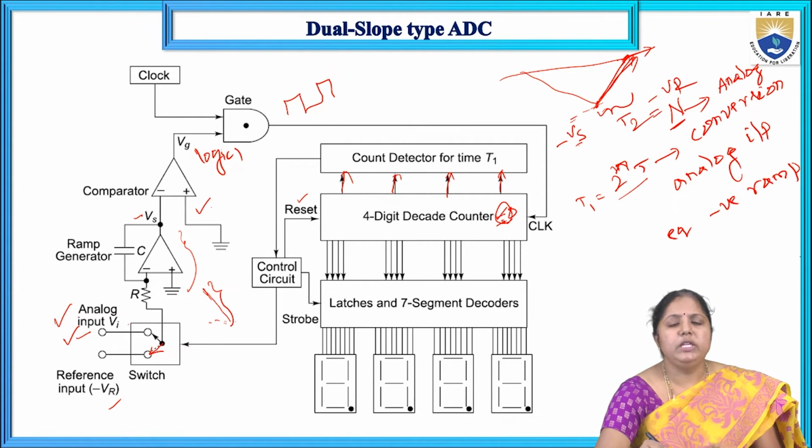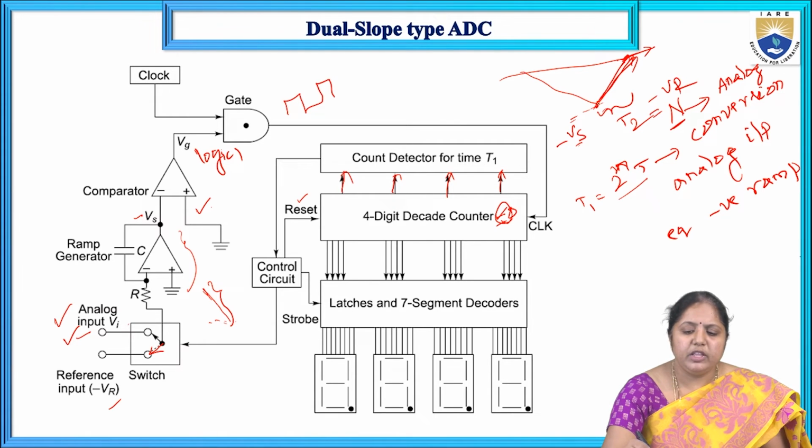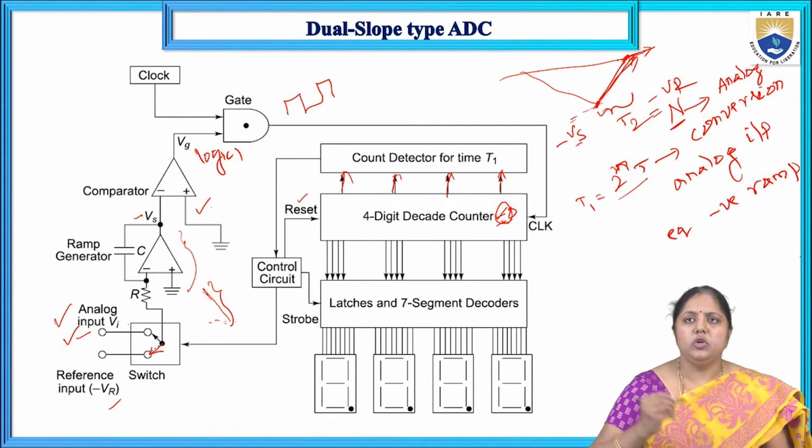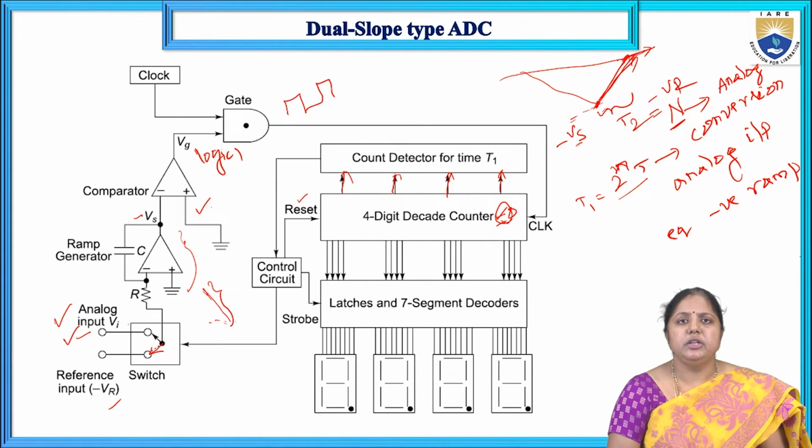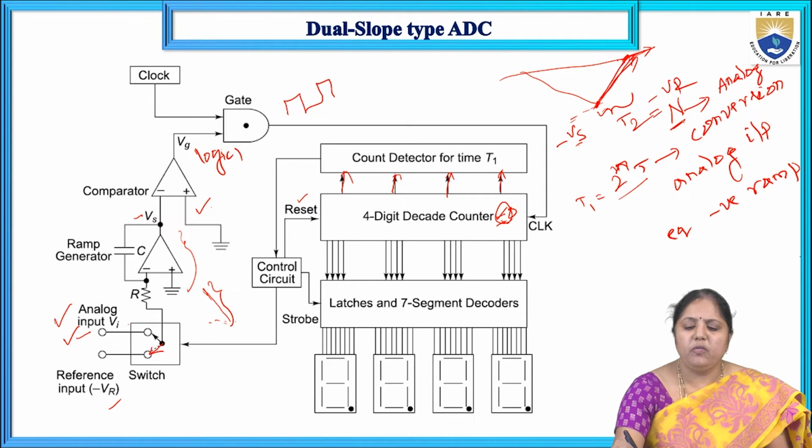But if the switch position changes from the analog input voltage to the reference voltage, then this time it will count how much time the circuit takes to bring the slope value back from minus Vs to zero potential. That duration is represented as n number of clock cycles.